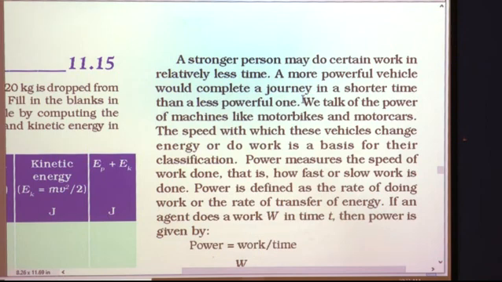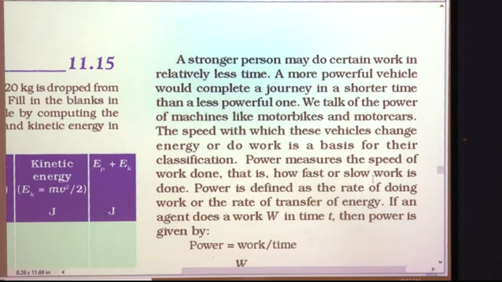We talk of the power of vehicles like motorbikes and motor cars. The speed with which these vehicles change energy or do work is a basis for their classification.